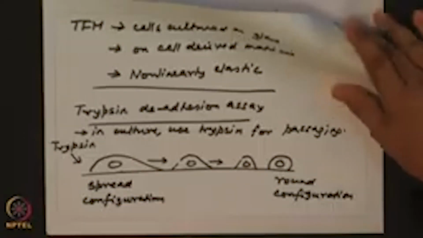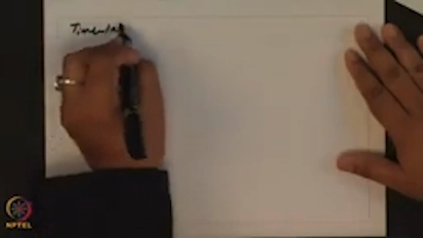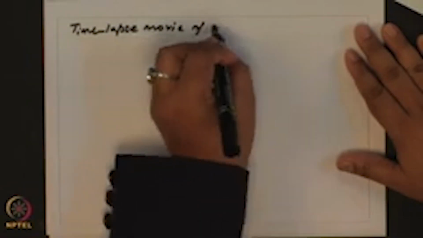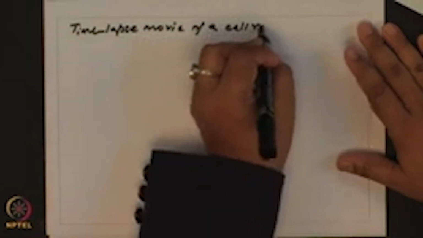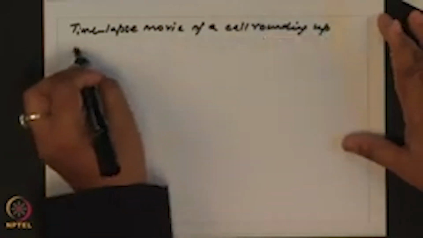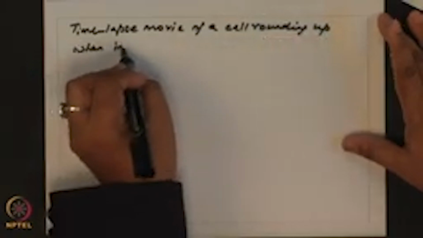So, you can actually track the dynamics. What if you take a time lapse image, a time lapse movie, of a cell rounding up when incubated with trypsin?